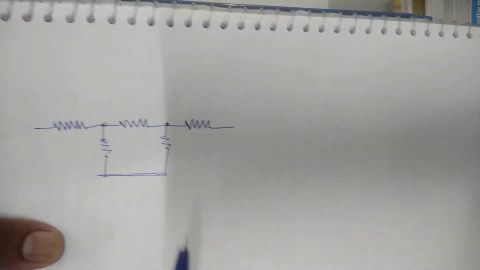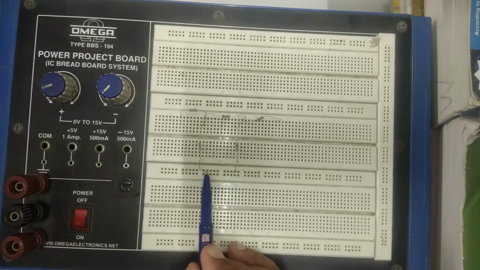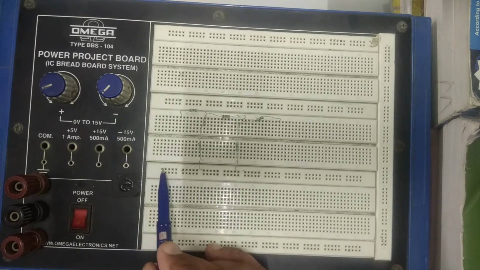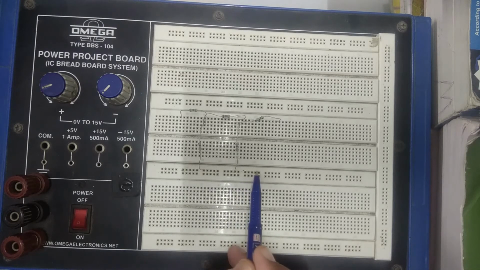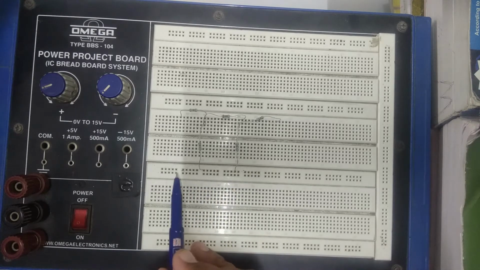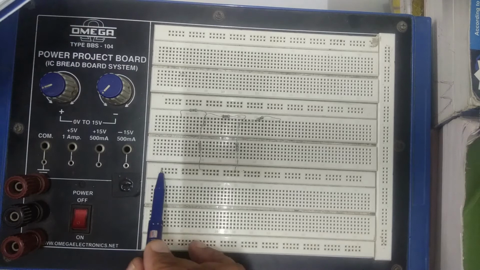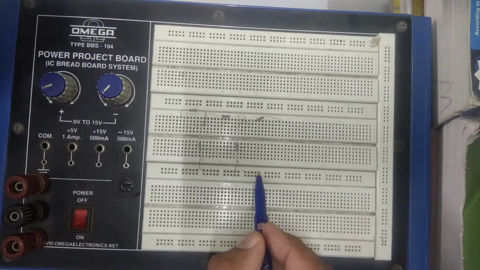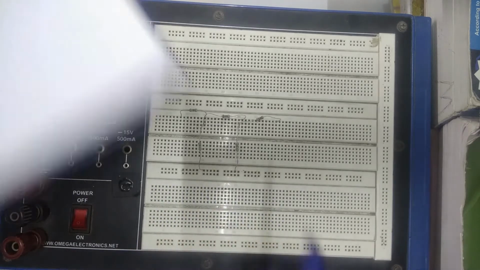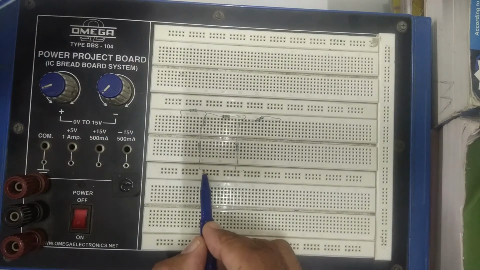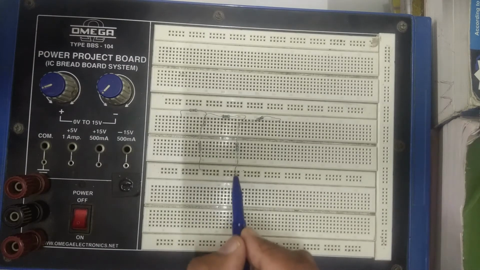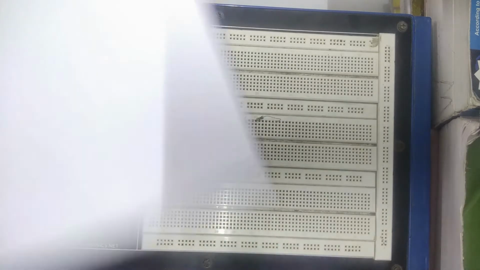As I said earlier, these 5s are internally connected. So this line from this node to this node is internally connected. If it is internally connected, this end of this resistor and this end of this resistor are automatically connected.